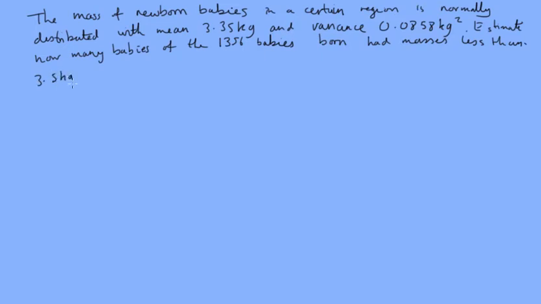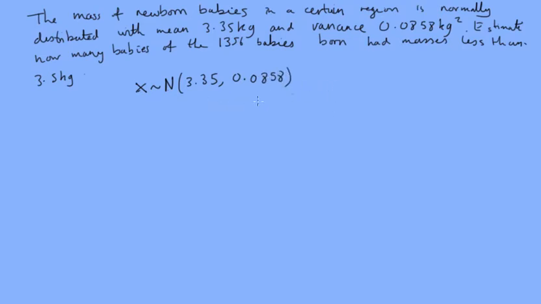3.5 kilograms. So, what we have is our variable x, which is baby mass, and it's described by a normal distribution, where the mean is 3.35 and the variance is 0.0858.